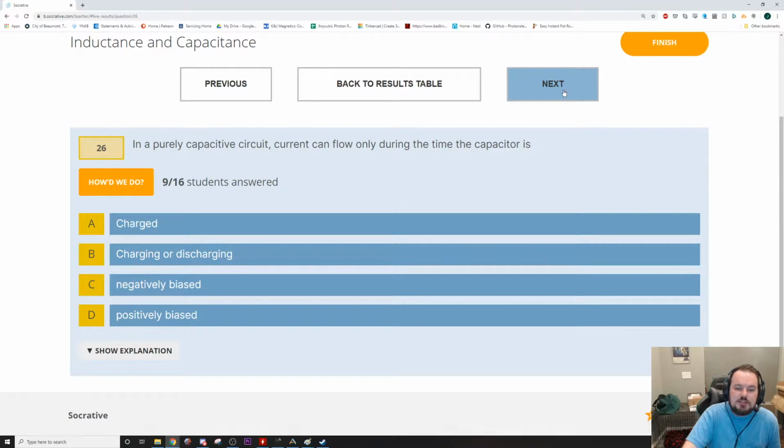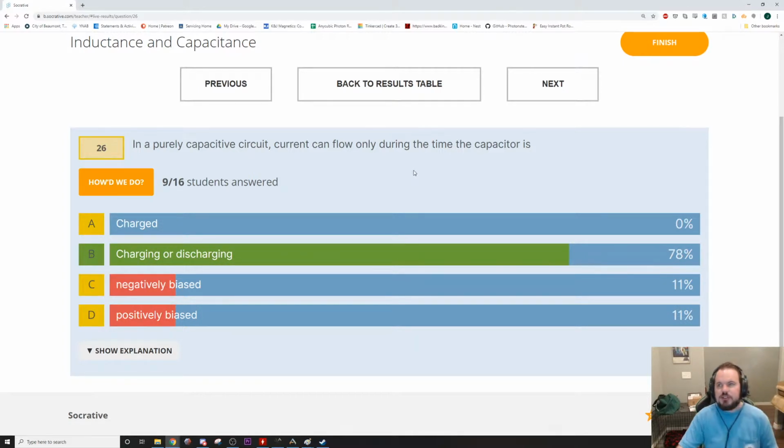In a purely capacitive circuit, I pretty much covered this, but in case somebody's skipping around looking specifically for this question: current can only flow during the time the capacitor is charging or discharging. Capacitors inflate and deflate, and they have a maximum amount that they can inflate. They don't literally inflate; that's just a metaphor.